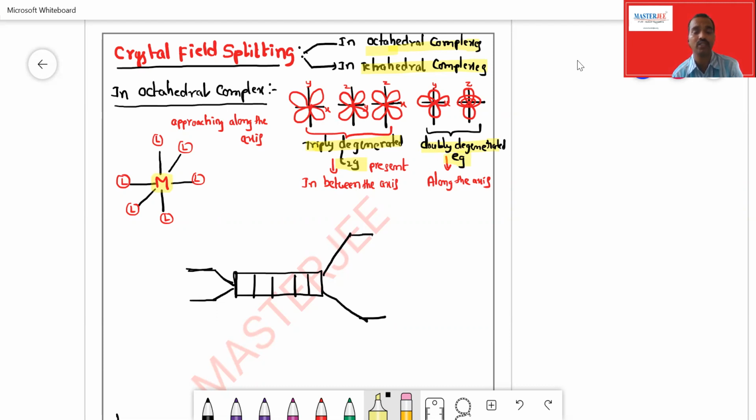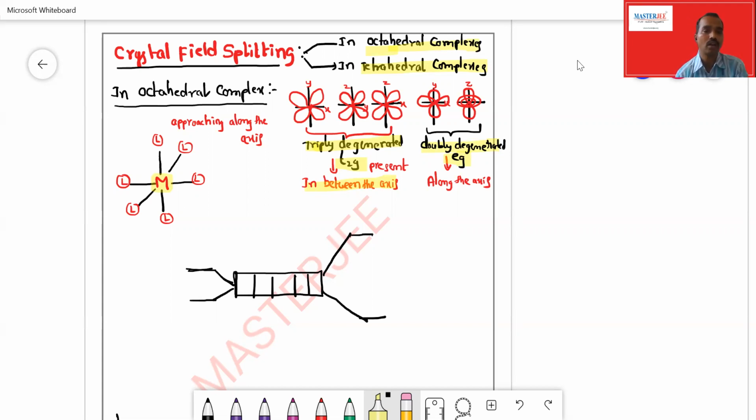Doubly degenerate eg orbitals are present along the axes. The triply degenerate orbitals are dxy, dyz, dzx. The doubly degenerate eg orbitals are dx square minus y square and dz square. These two are doubly degenerate orbitals, present along the axes.